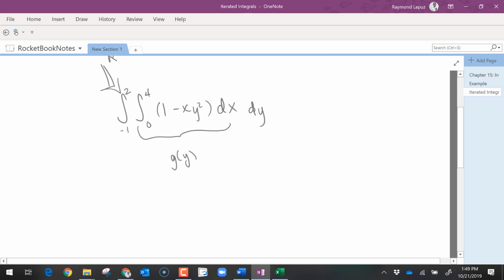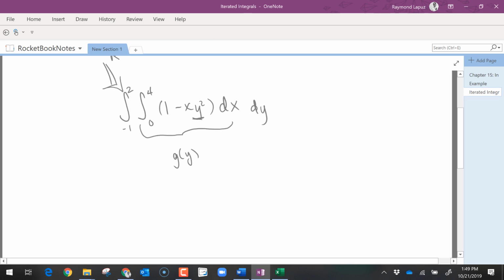So what do we do with the y if we're integrating with respect to x? Just pretend it's constant, right? Just like we did for derivatives. So let's integrate this with respect to x. The integral of 1 is going to be what? x. The integral of x times y squared is going to be what?